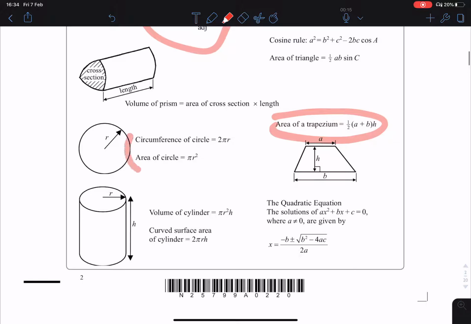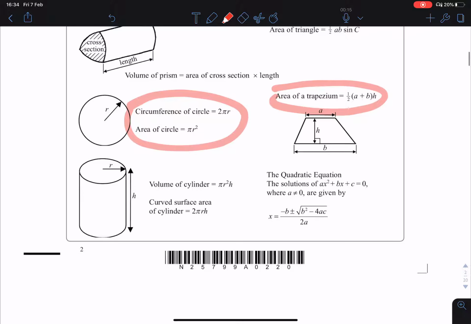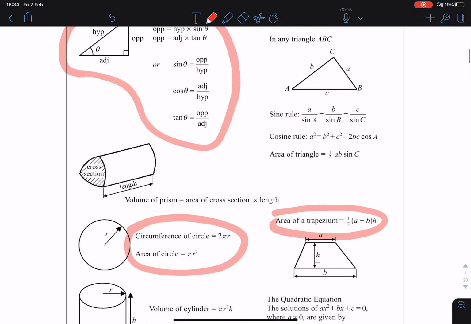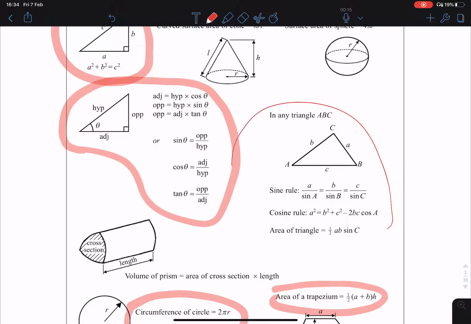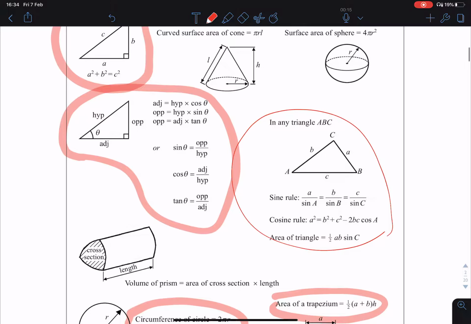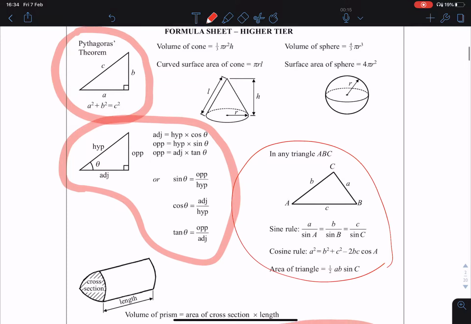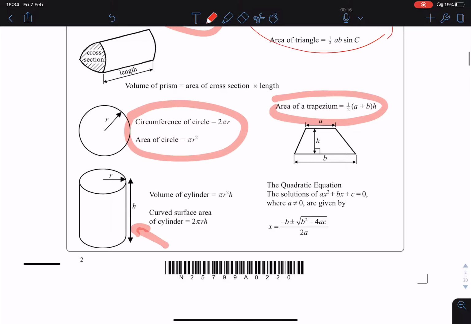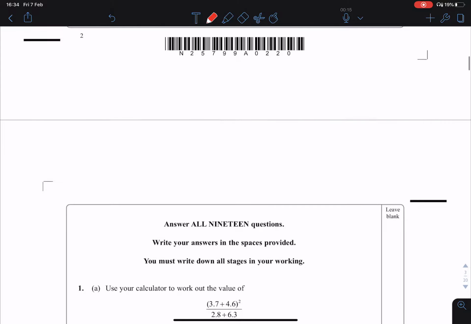These ones are nice and straightforward. The cylinder ones are usually a little bit harder to do questions for, so I wouldn't really recommend those. Similarly, these triangle ones over here are also a little bit harder. But the other ones that I've circled are always going to be nice and straightforward questions.